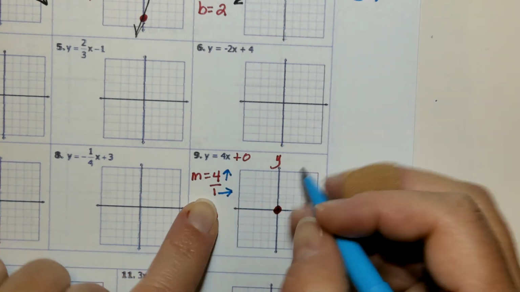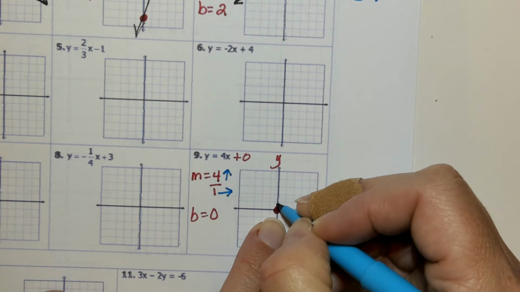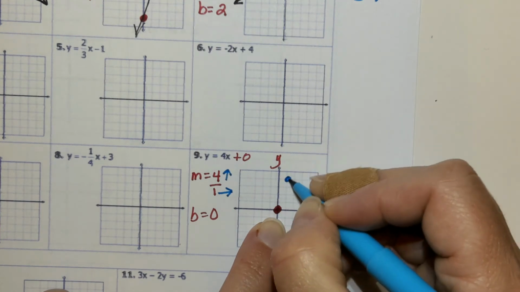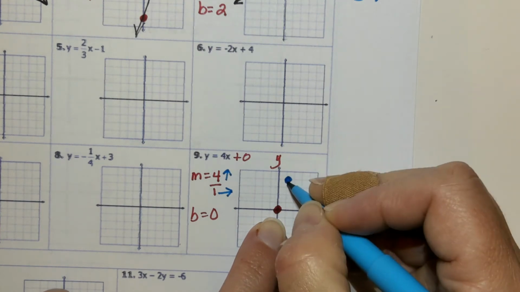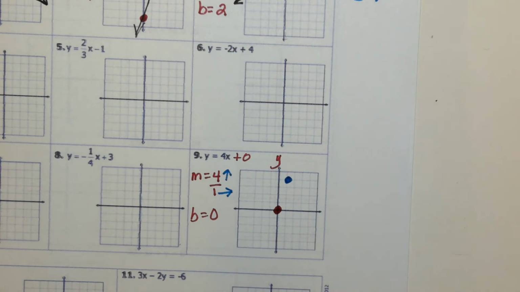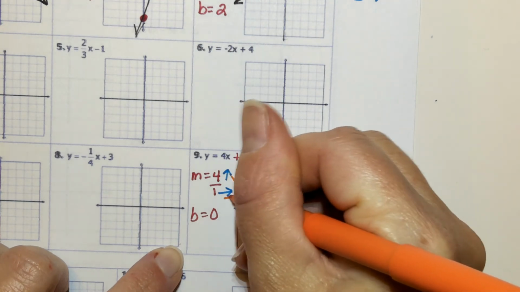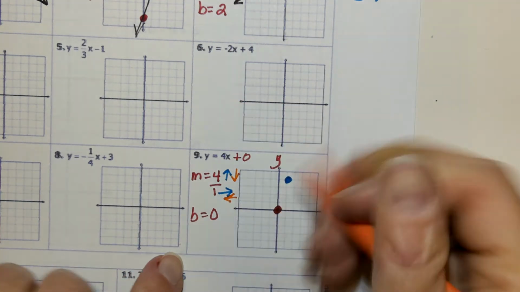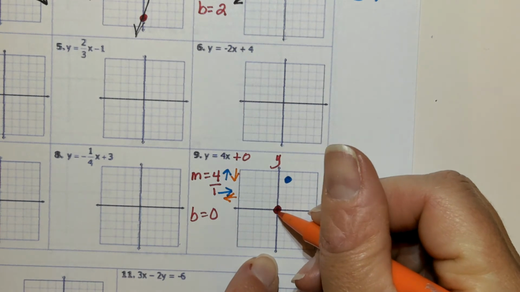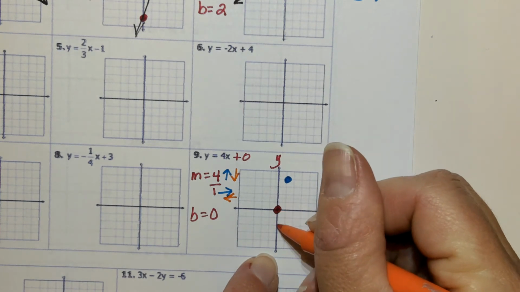Cool. Now, let's drive our slope. Up or down? Well, it's positive, you go up. Right or left? It's positive, which means right. So, from our starting point, up 4, right 1. Uh-oh, I ran out of room again and I need more points. That means we back everything up.